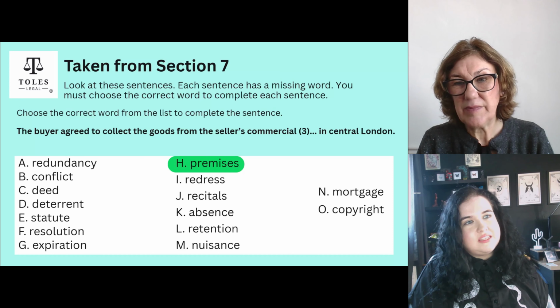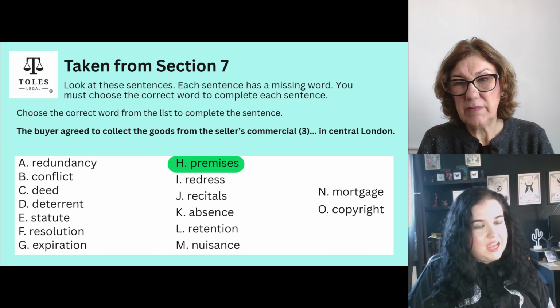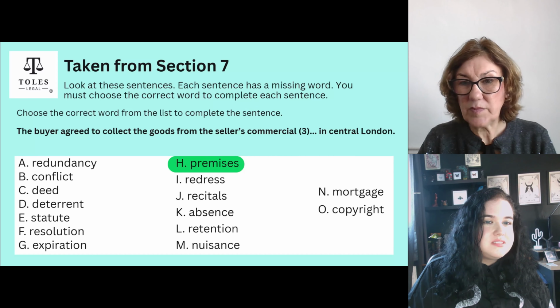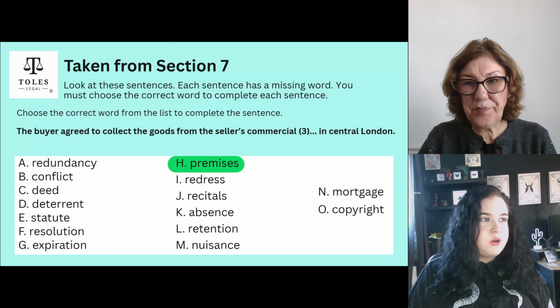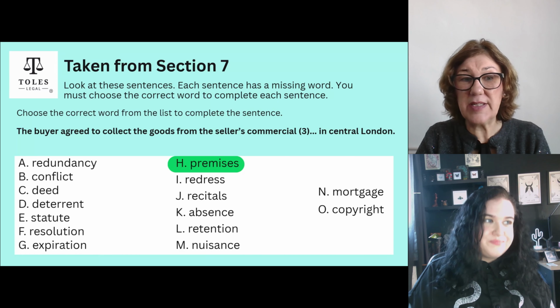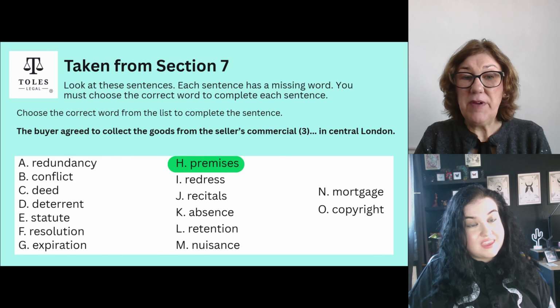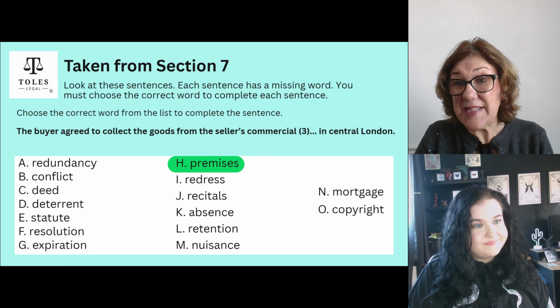I always find that this is the one that a lot of people find tricky. I think it's because all of the options stay the same, so you've got to remember which options you've already used. And if you know the words, it's easy. But if there are 2 or 3 that you don't know, it becomes a guessing game.